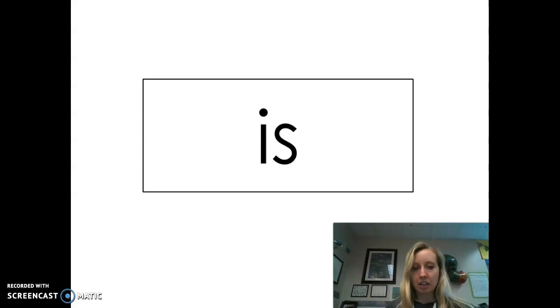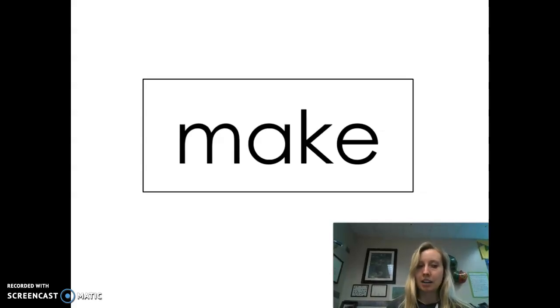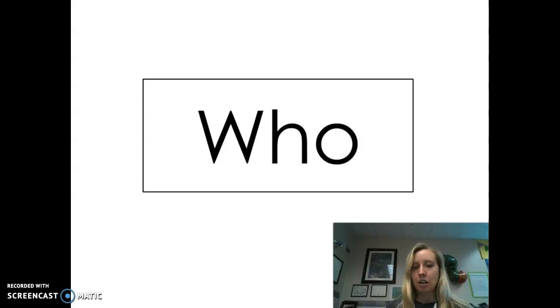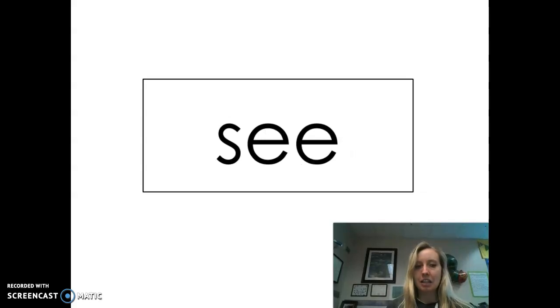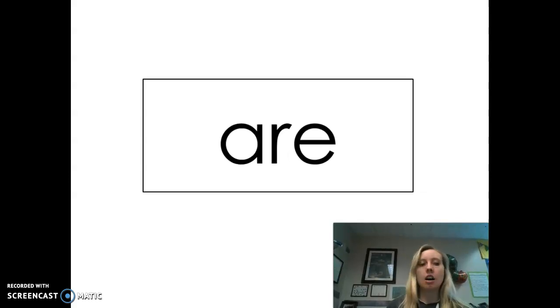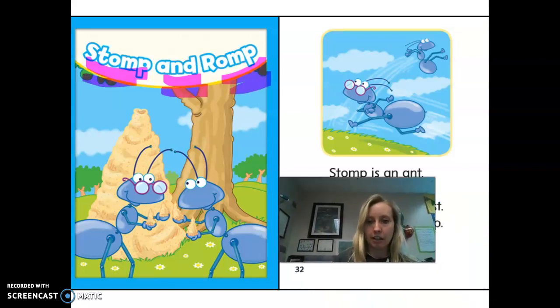These are words you'll see in the story. 3, 2, 1, is. 3, 2, 1, under. 3, 2, 1, make. 3, 2, 1, for. 3, 2, 1, who. 3, 2, 1, they. 3, 2, 1, see. 3, 2, 1, of. 3, 2, 1, are. Okay, I'm going to let you go first, then I'll go. Together, stomp and romp.